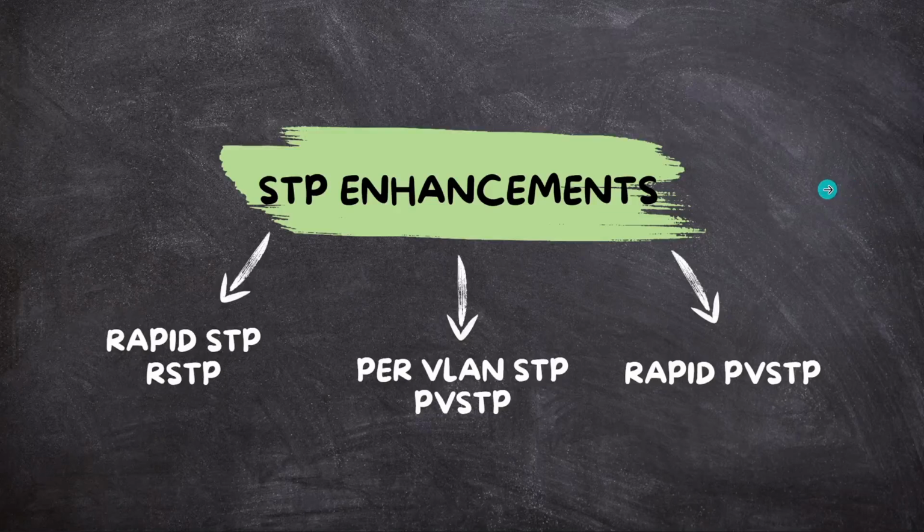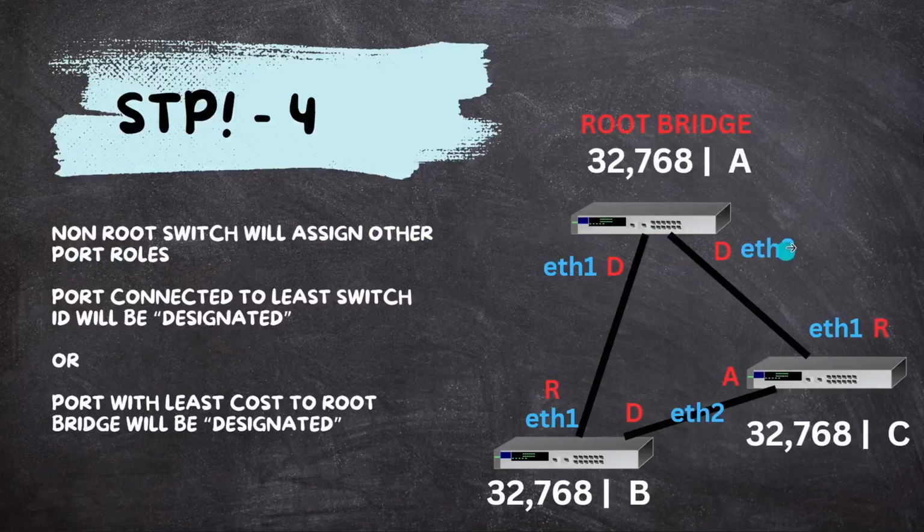If we move to STP enhancements now, there were lots of enhancements in STP. The first one: let's say there is a topology change, and this port has gone down.